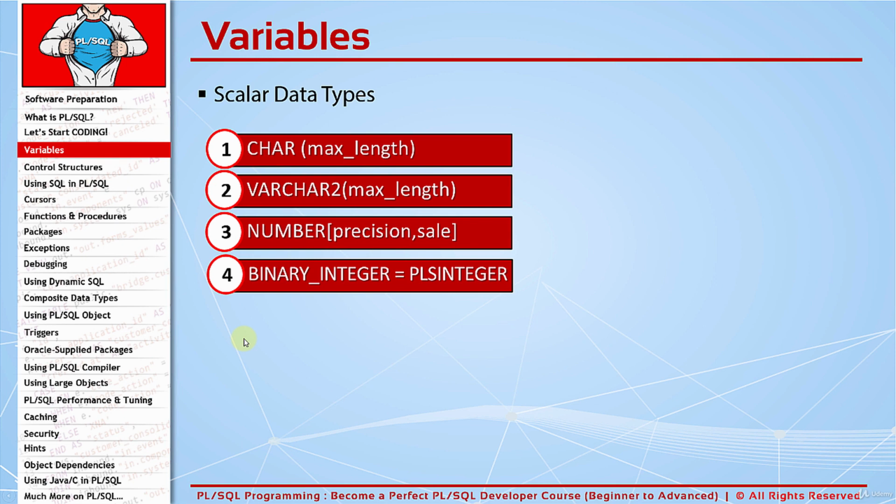They are not exactly 2 billion, but it's hard to say, so I simply say 2 billion. You can check if you wish. PLS integer and binary integer are faster and require less storage than numbers. And in arithmetic operations, these are faster than numbers.